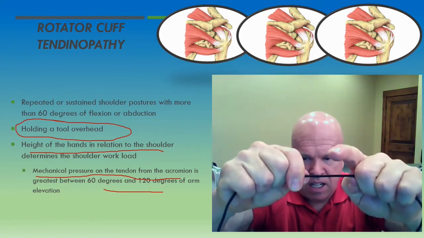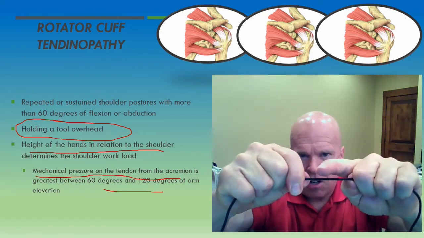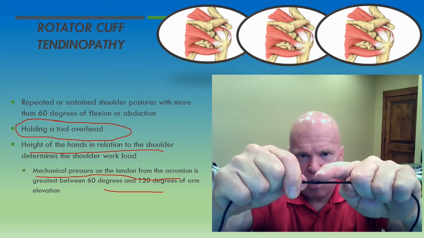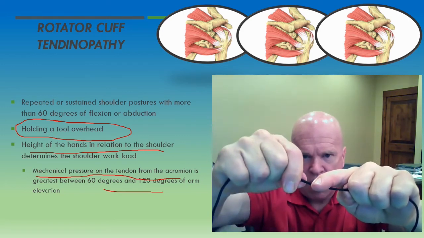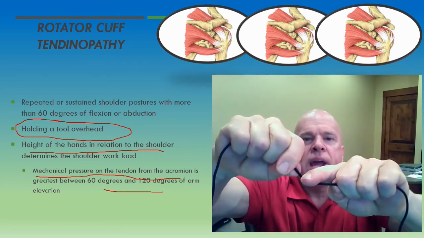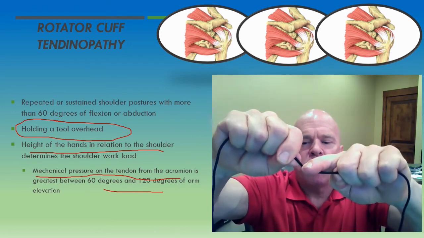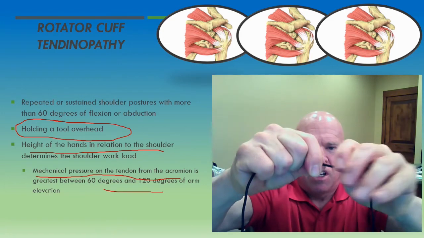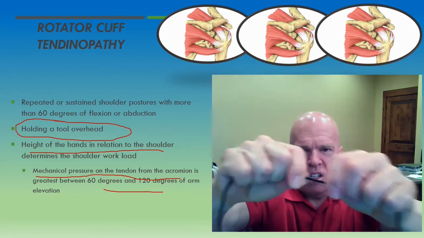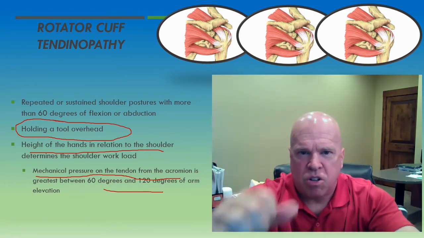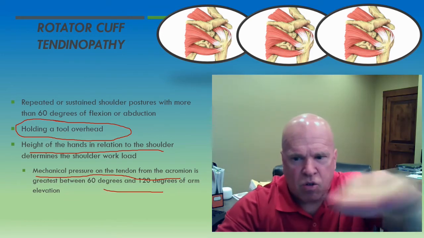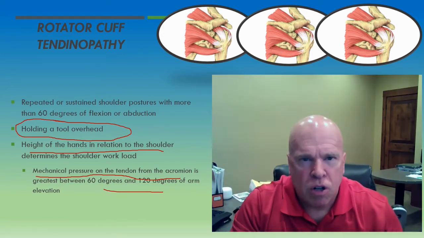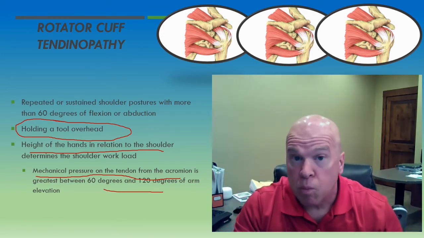and I'm sustaining the tensile load, and then here's the undersurface of the acromion process, and the tendon gets raked up against the undersurface of the acromion process as it undergoes scraping on the undersurface of the acromion process.